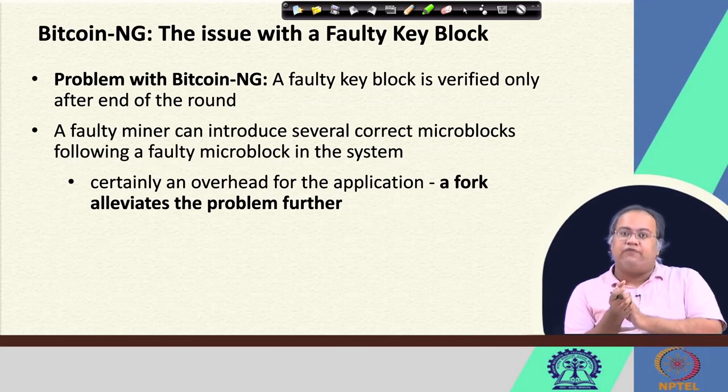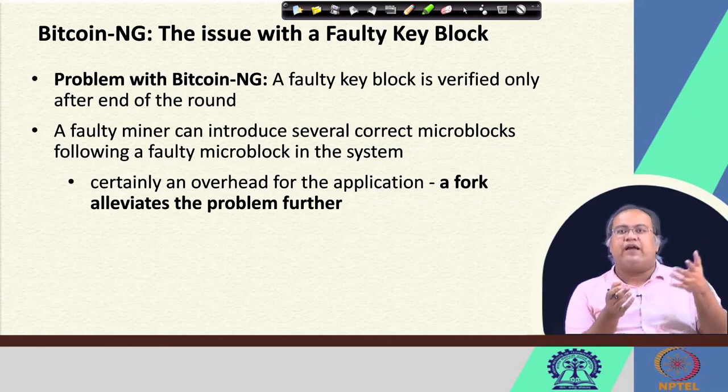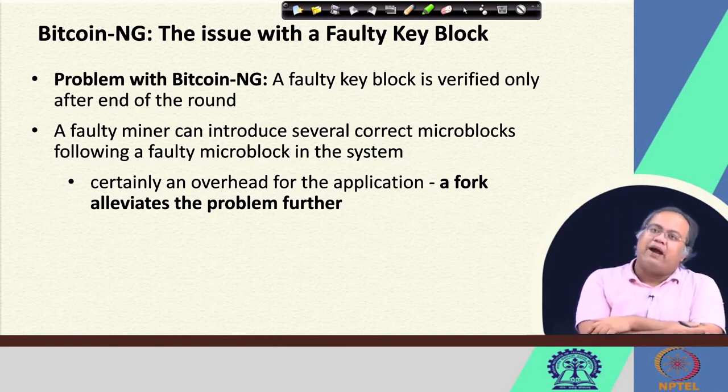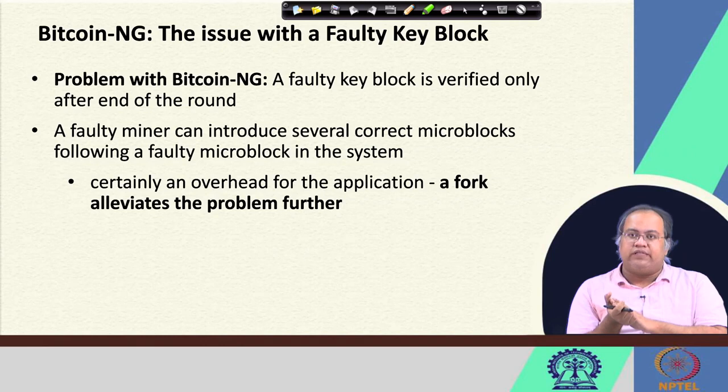This is the kind of overhead I mentioned, and if I have a fork, that alleviates the problem further. So, I have a micro block fork, and maybe that forked micro block is faulty. The majority of the participants are not going to validate that; maybe one or two of them will identify that the micro block is faulty.